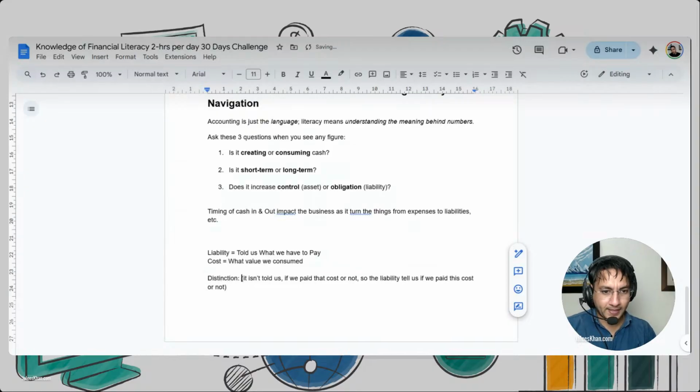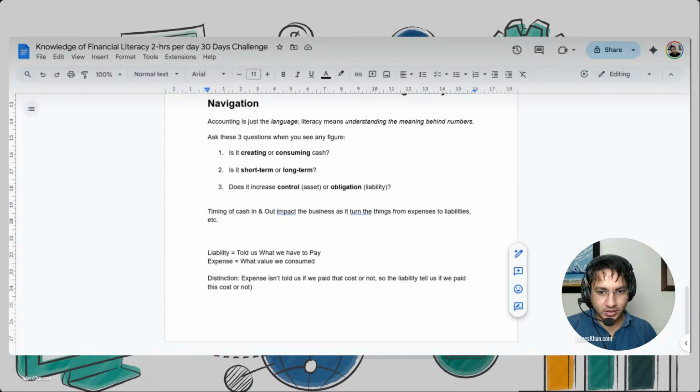So distinction: cost, no, it's like expense. Expense tells us it cost us, and the liability tells us if we paid that cost or not.